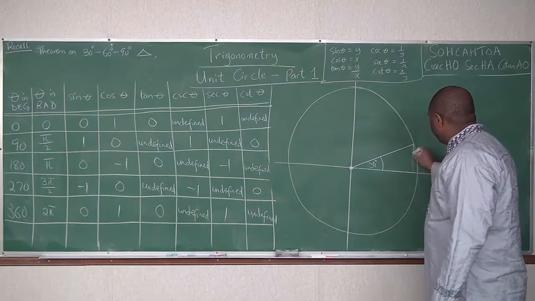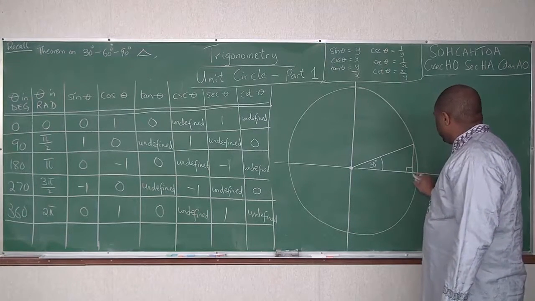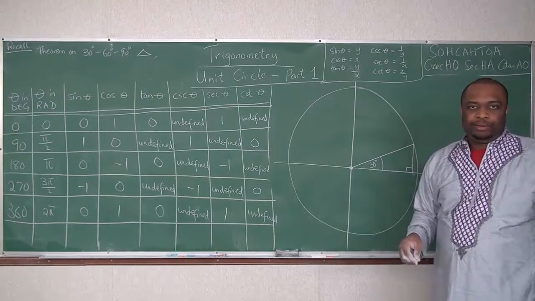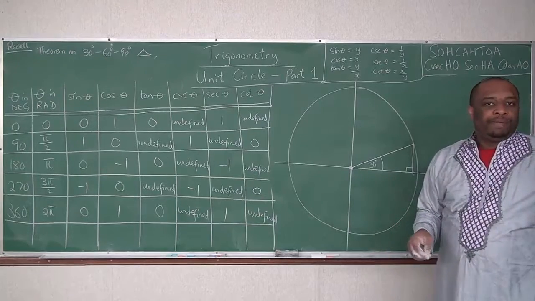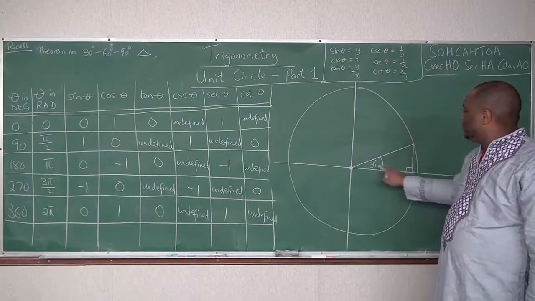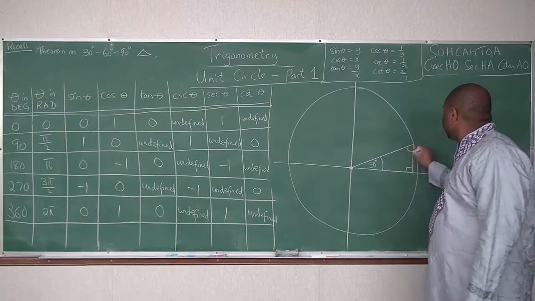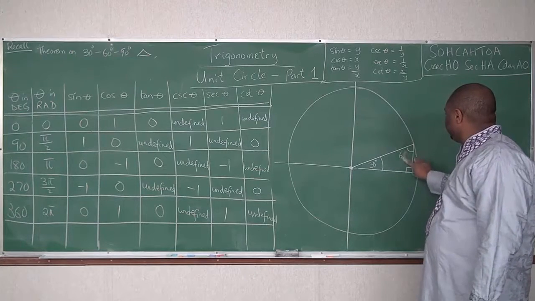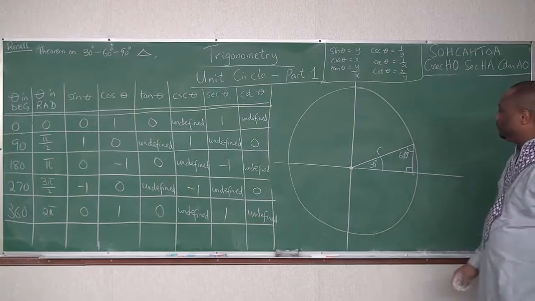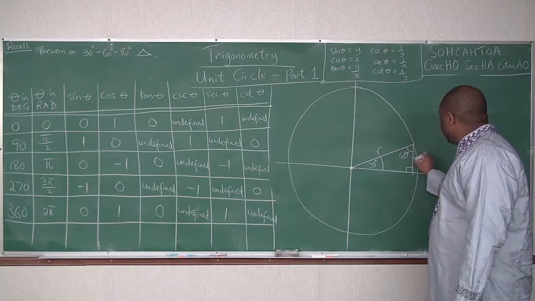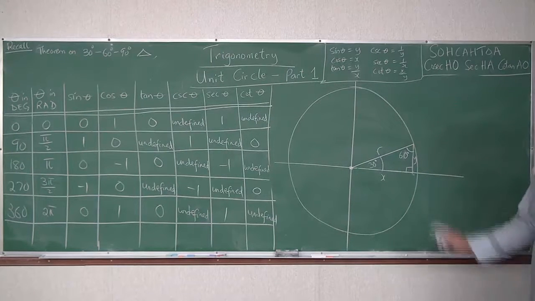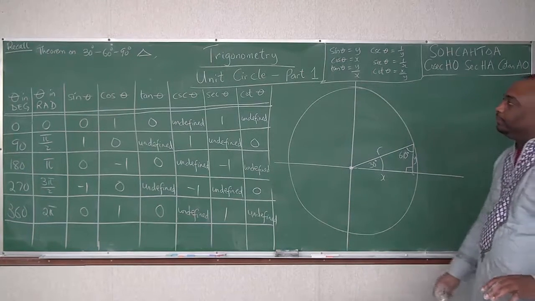From one of the triangle theorems, the sum of angles of a triangle is 180 degrees. This is 90 degrees, this is 30 degrees, so this will be what? 60 degrees. And this is still our R, and we know that our R is 1. And this is our Y, and this is our X. Right? See that?